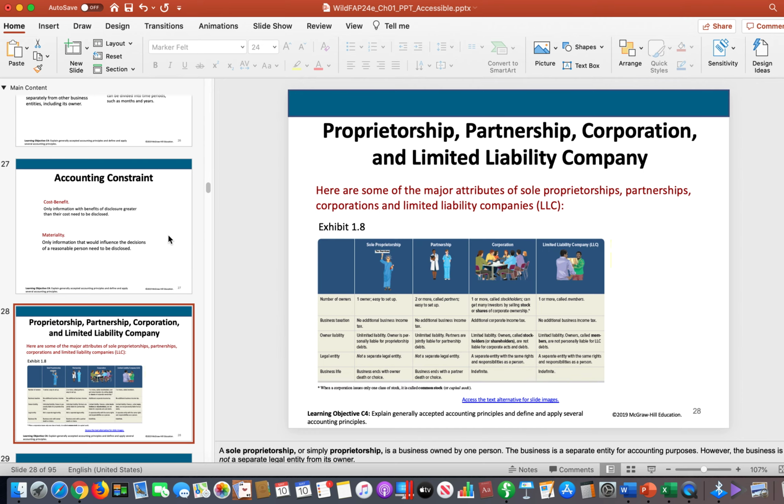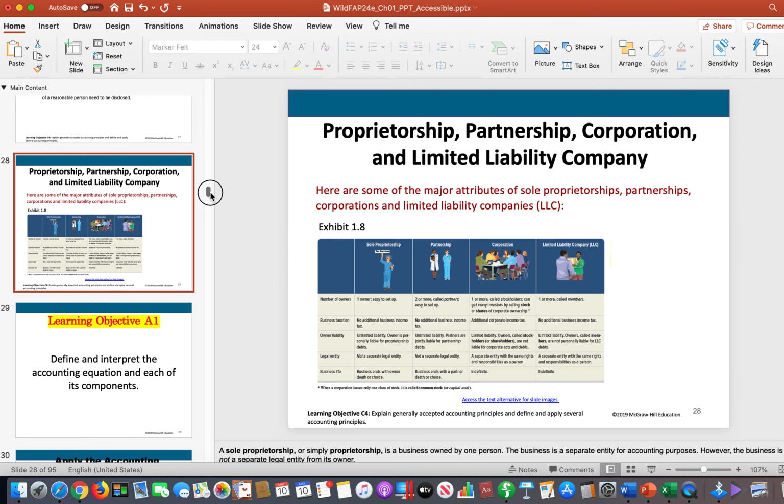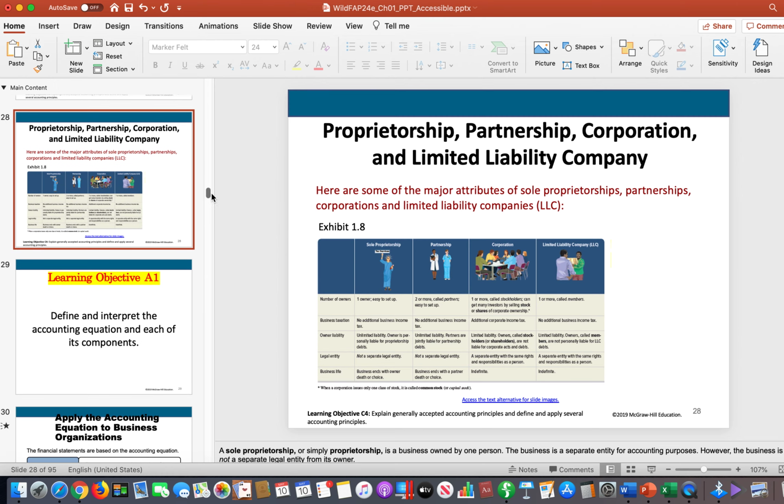Okay, moving on to slide number 28. I want you to study this on your own. It's very straightforward as to the differences between the proprietorship, partnership, and corporation and LLC.